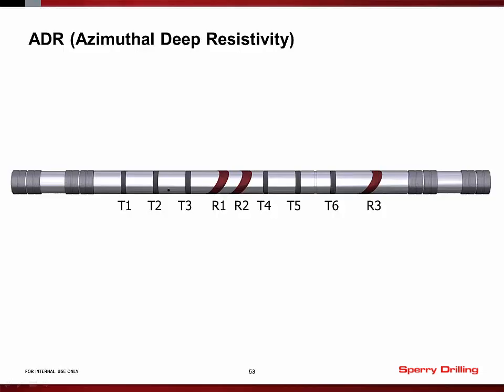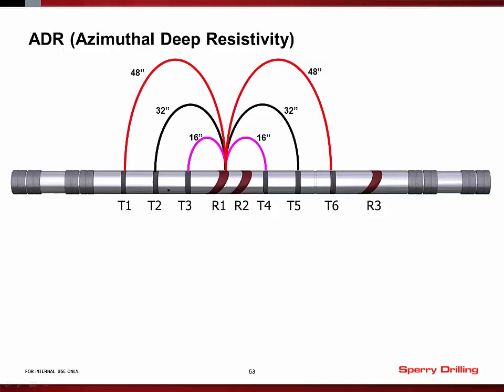I'll take you through the differences between the two parts of the tool. The resistivity part is centered around the two receivers in the center, these two tilted receivers, and we get three compensated resistivity measurements from there.